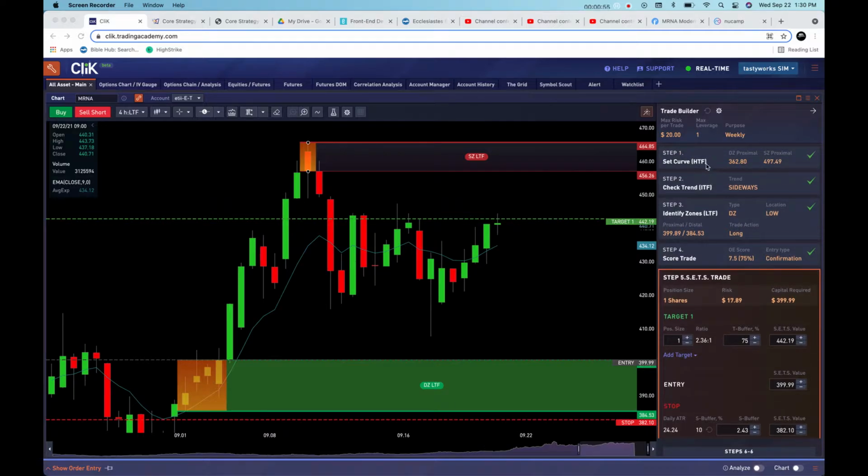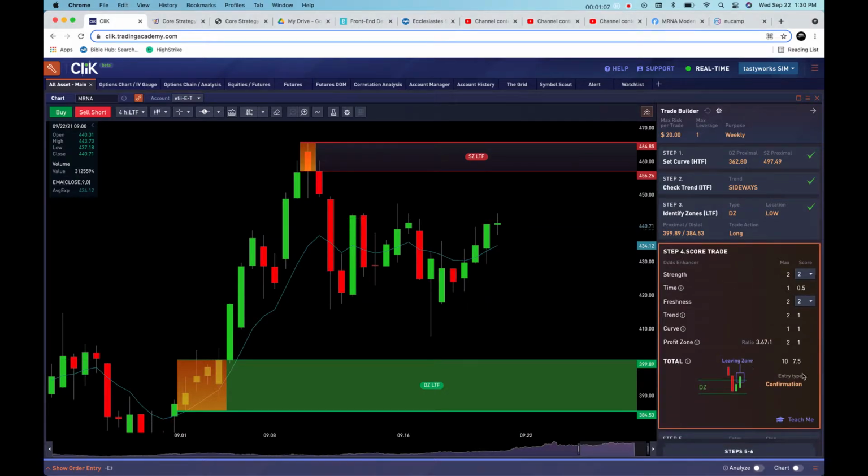So as you're going through the process, you score your high time frame supply and demand zones, you check your trend, you identify your zones, and then you get into the process of actually scoring the trade. And you score anywhere between 7 to 8 points on that particular zone, which is going to be a confirmation entry zone.